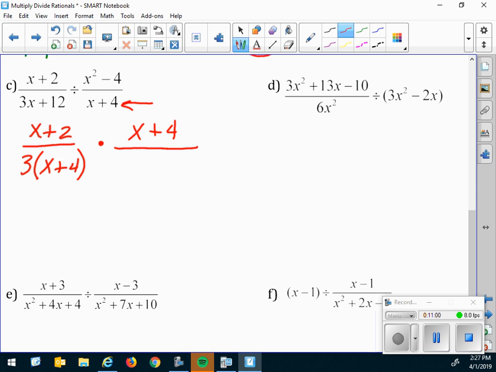Question? When you divide by a fraction, you multiply by the reciprocal. This is my new denominator. Yep, that is a dot. It's a difference of 2 squares.